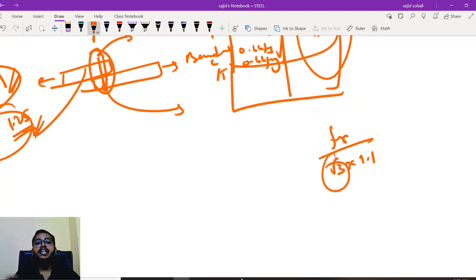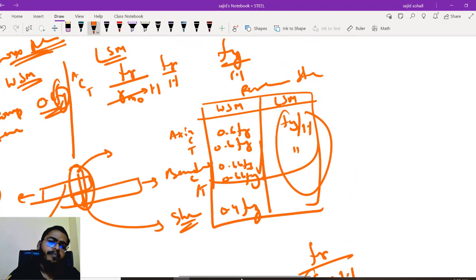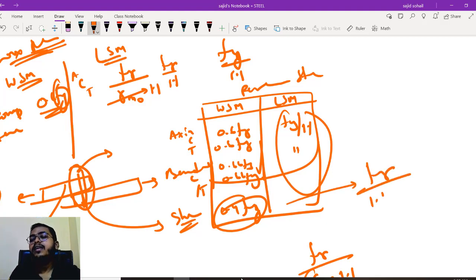So an extra √3 comes in for shear stress, whereas shear stress in working stress method is 0.4 Fy. No need to remember this for now. This will be taught in detail in connections, but it is already available in your lecture 1 notes. Just read this table once and you should be able to memorize it. In working stress method we used 0.4 Fy as the maximum permissible limit, while here we are using Fy by 1.1 into √3.